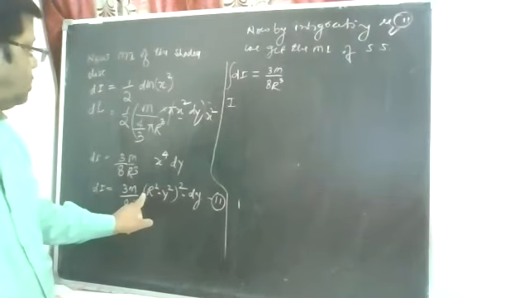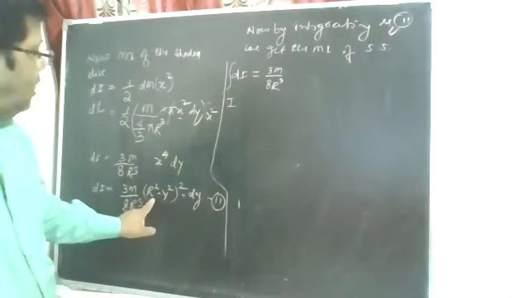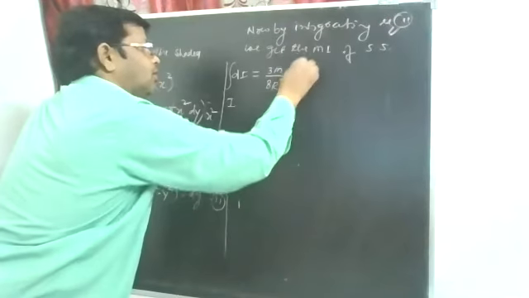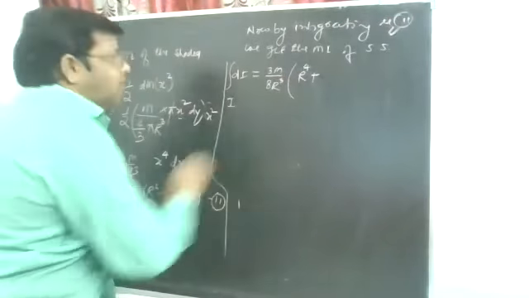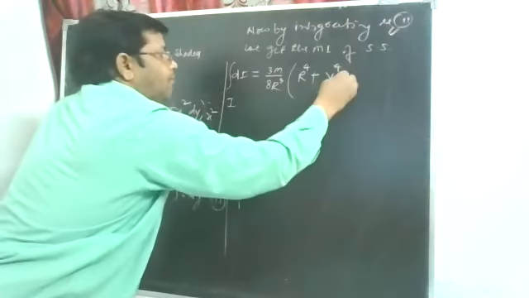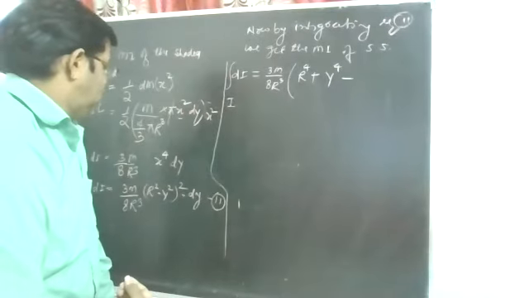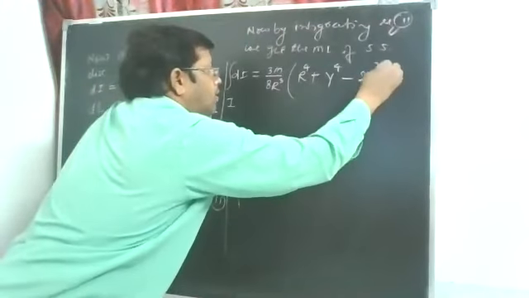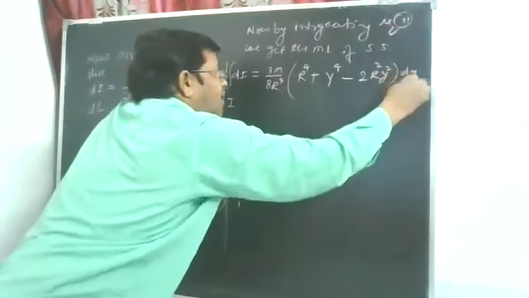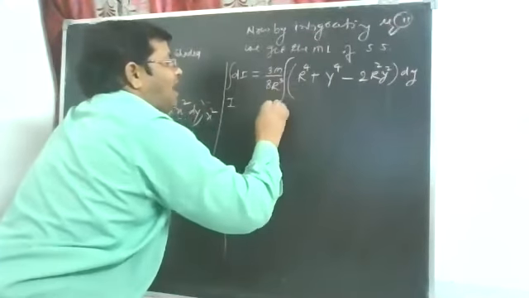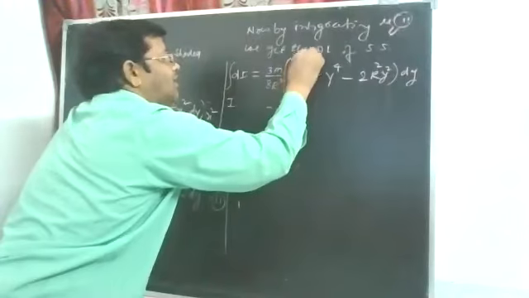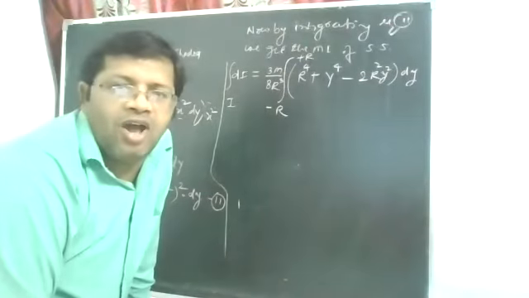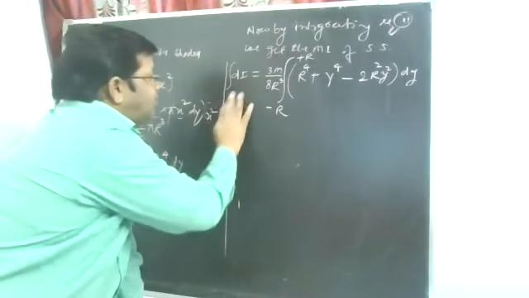What is the squaring of this? (a minus b) whole square, a square plus b square, that is r to the power 4 plus y to the power 4 minus 2ab, into dy. Integrate this from minus r to plus r. We will get the desired formula for the moment of inertia of the solid sphere.